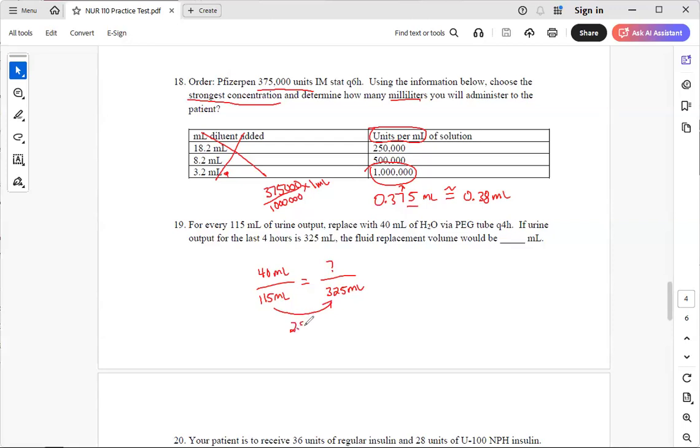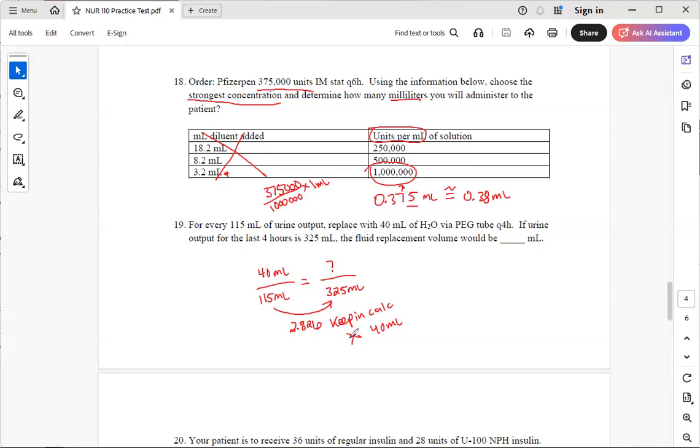2.826. And then there's some other numbers here. So what I would say is keep this in your calculator and then multiply by the 40 ml. So leave that number as it is in your calculator. You don't even need to write it down.